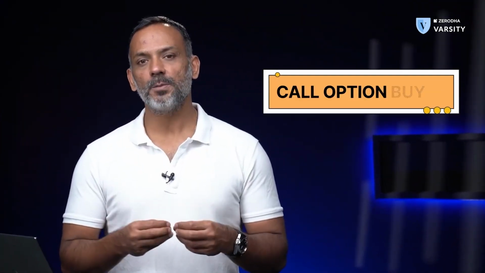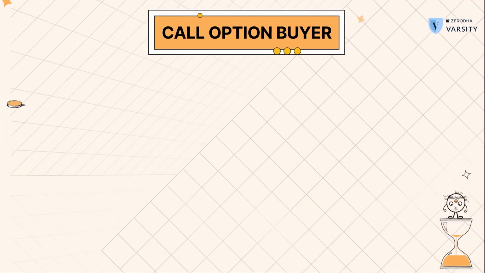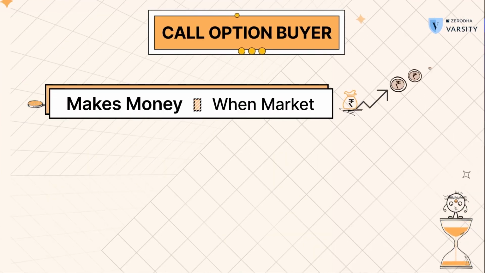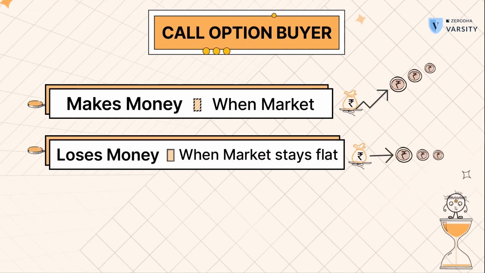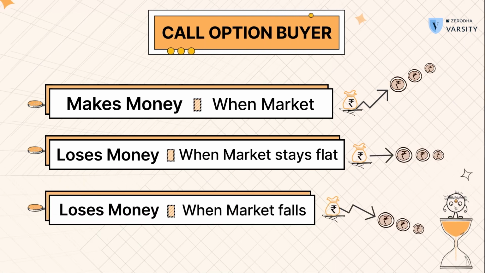So from a call option buyer's perspective, we can generalize three things here. As a call option buyer, I will make money only if the stock price increases with respect to my strike price. If the stock remains flat or if the stock declines, then there is no way I will make money. I will lose all the premium that I've paid.